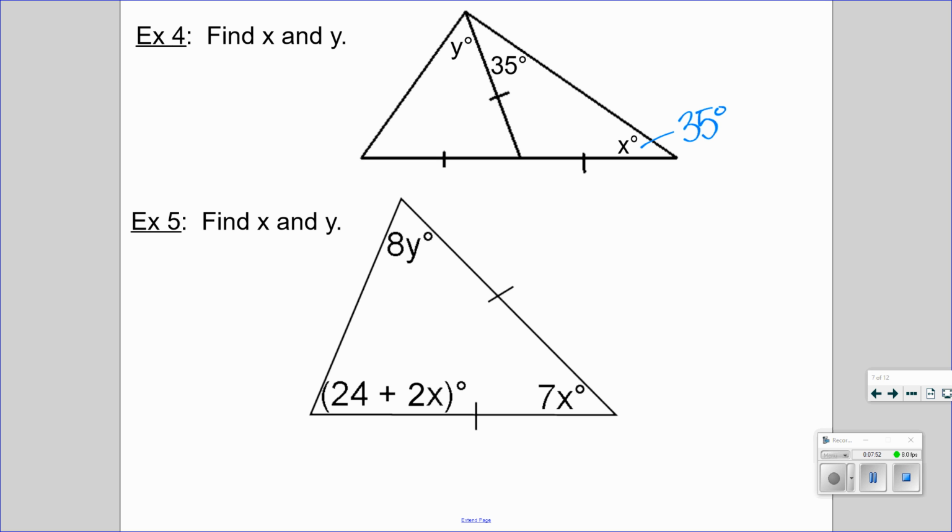So that means the other side would be 70. You could have just used that exterior angle theorem, remember? That this angle adds up to those two, right? So yeah, we still get 70 regardless. So these two angles would add up to 110. So what's half of 110?